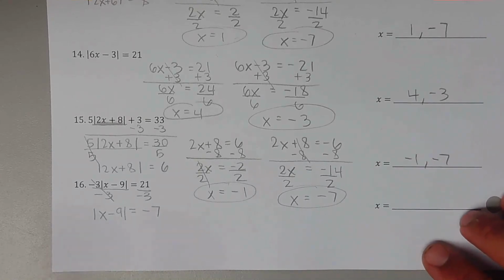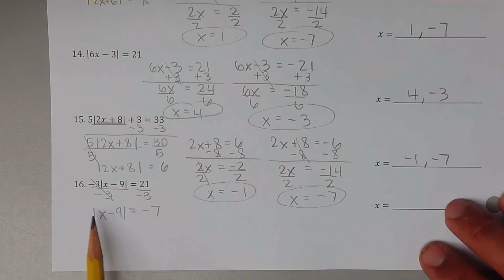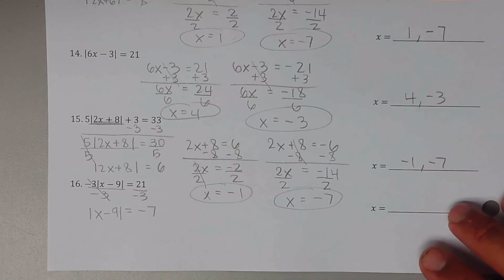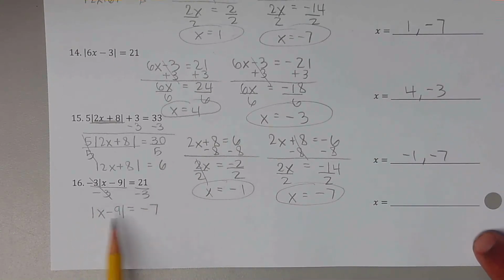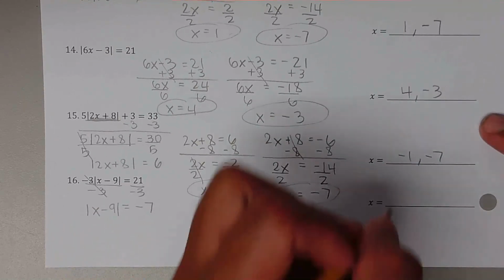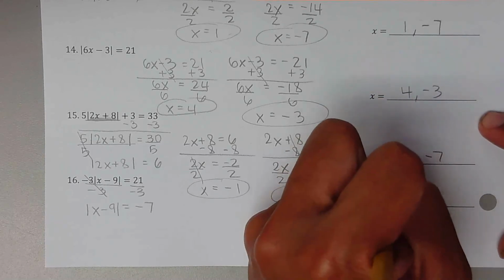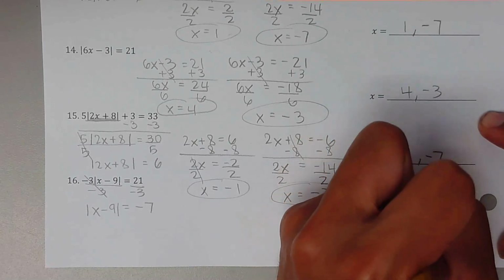So this is saying the distance of something is negative 7 miles or negative 7 feet. Doesn't matter which way you want to think of it, that's just weird. We can't have a negative distance. So from here, we can just stop and say that there is no solution. No solution.